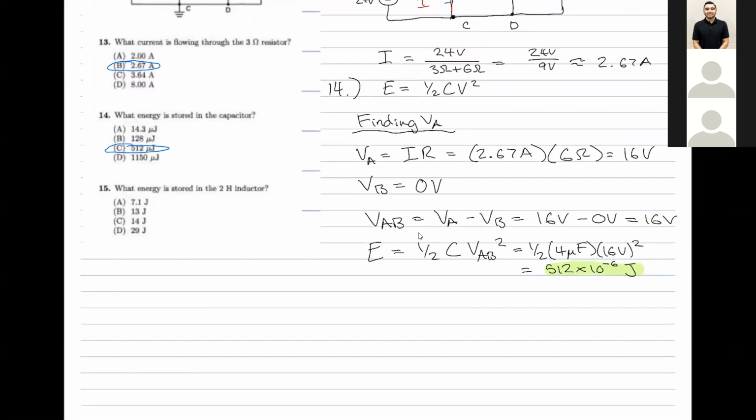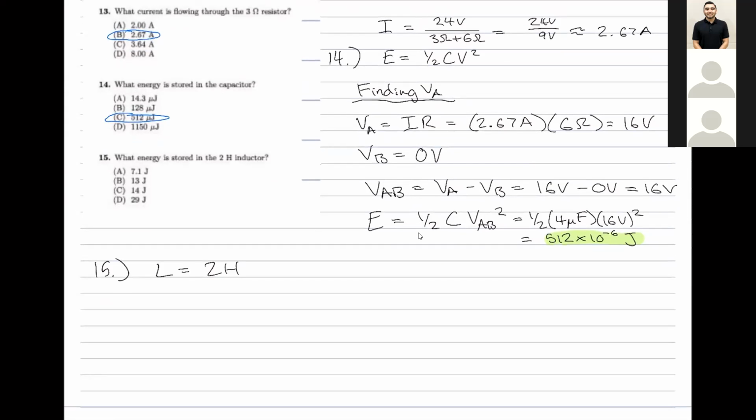Now, what are we looking for next? 15. What's the energy stored in the 2 henry inductor? So they give us the inductance, which is 2 henries. And this is just another formula, very similar to what we were just using, but it's 1/2 L times I squared.